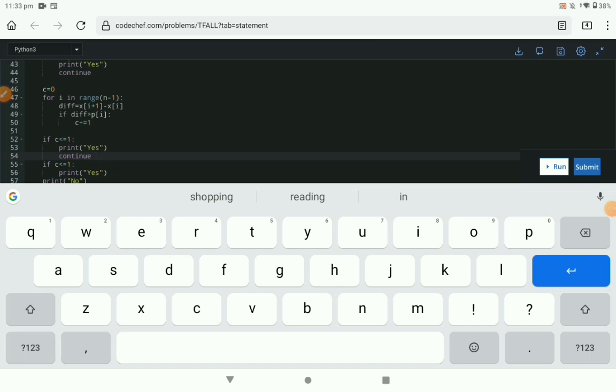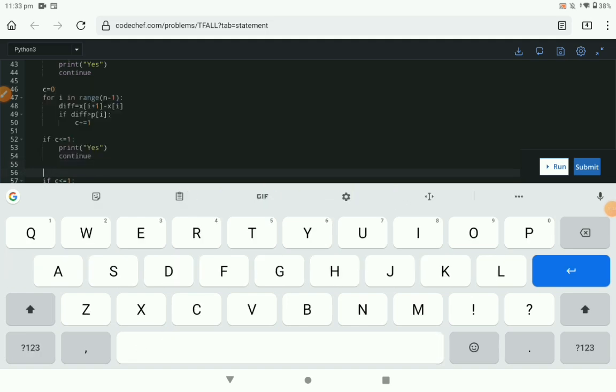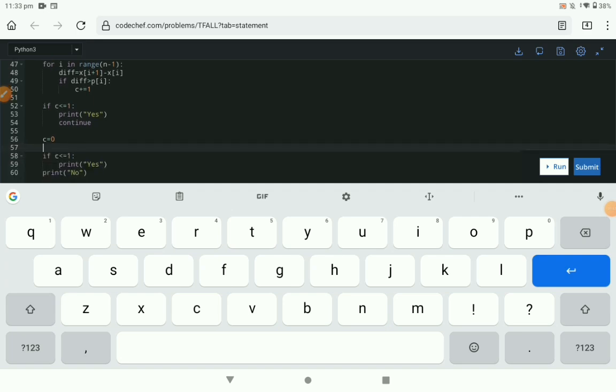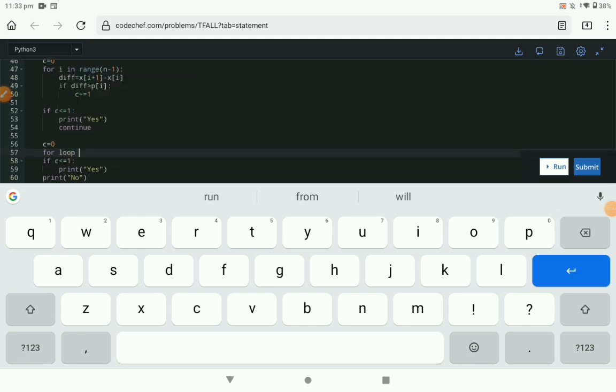And there comes another one. We will initialize c to 0, and then we will run a for loop in reverse direction.